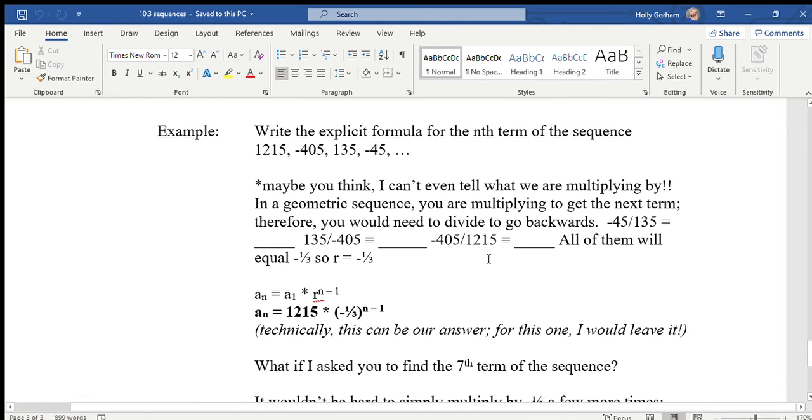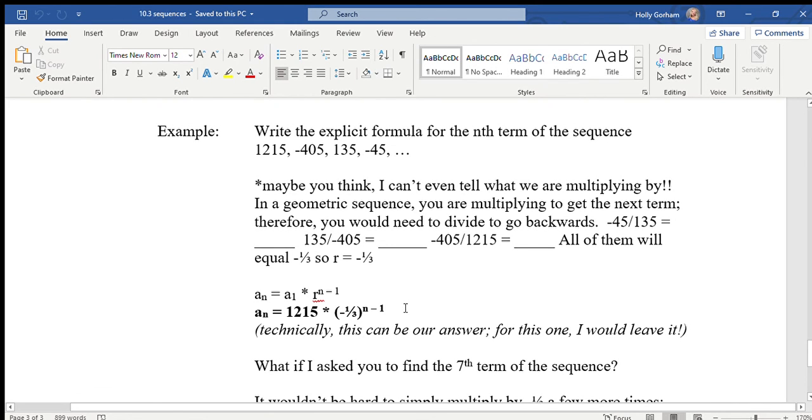If it's geometric, that means you're multiplying to get the next term. So to find what you're multiplying by, you'd have to divide to go backwards. So if you take -45 divided by 135, 135 divided by -405, and so forth, you're going to get an r value of -1/3. And that's what you would plug in for the r value.